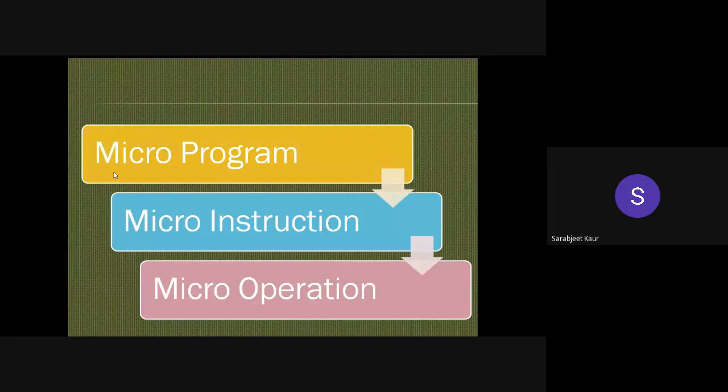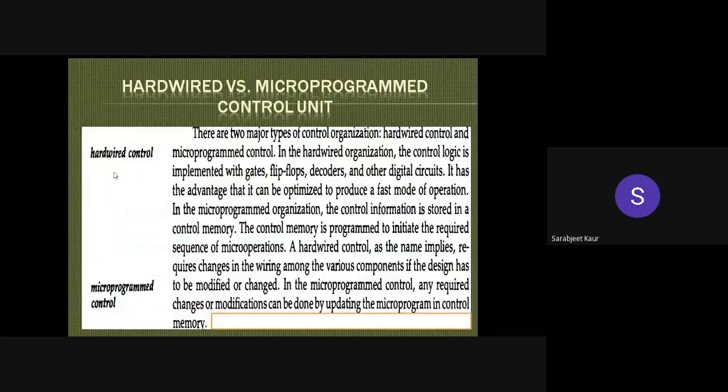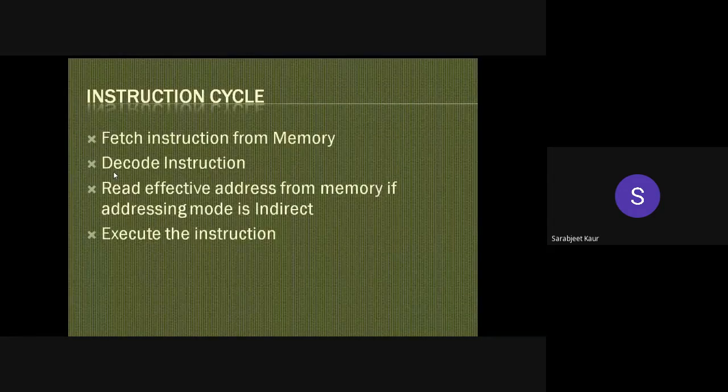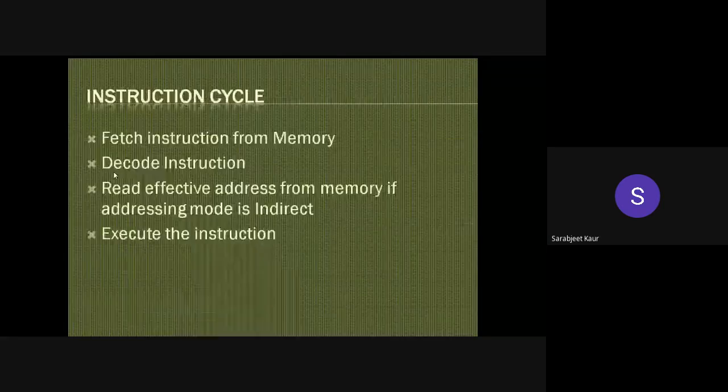Now, today we are going to talk about the implementation of the instructions. So how do the instructions get executed? Each instruction passes through a set of phases before it finally gets executed.